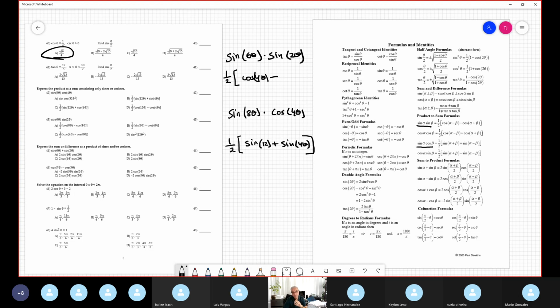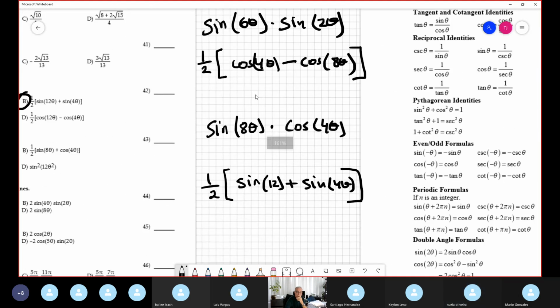The formula says minus, cosine again 8 theta, because 6 plus 2 is 8. That's it. Option C. This was option B. Got it? Sorry, Professor, you wrote cosine of 4 theta, or is it 6? It's 4. Okay.